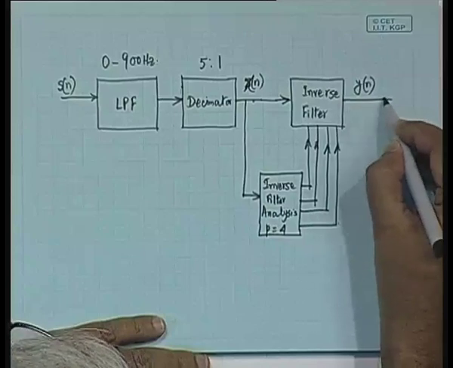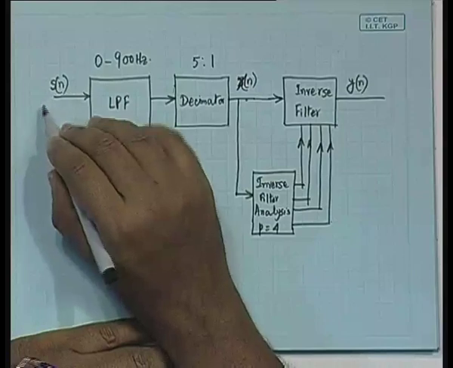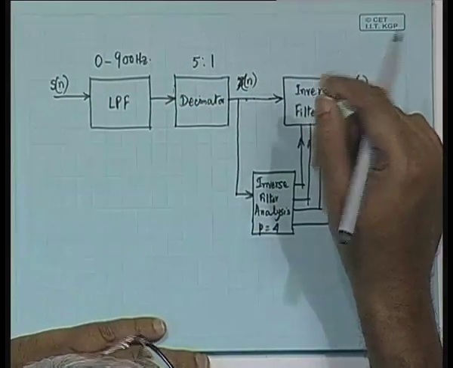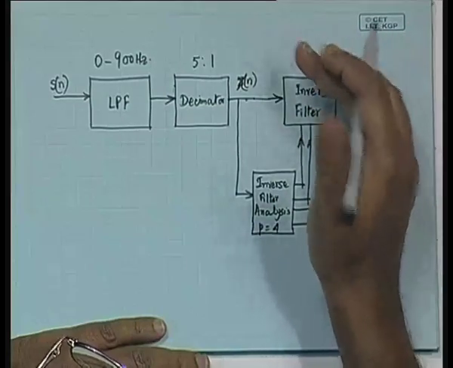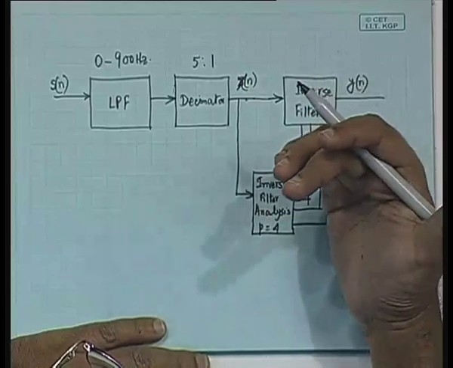So now this y of n is nothing but the flattened spectrum version of this S of n. Since it is flattened spectrum, in order to do the pitch period estimation, what would you expect as the block following this? Autocorrelation. So we will be performing the autocorrelation over this y of n.